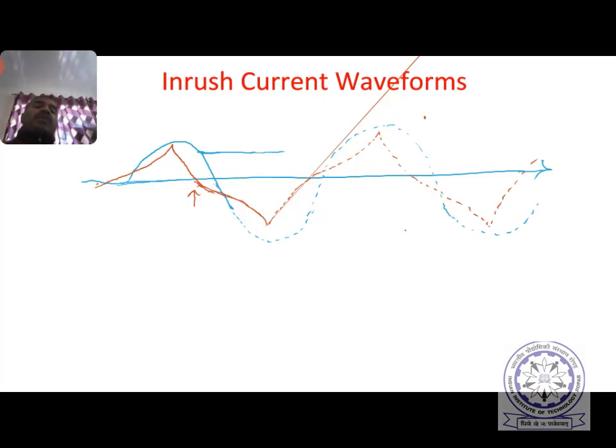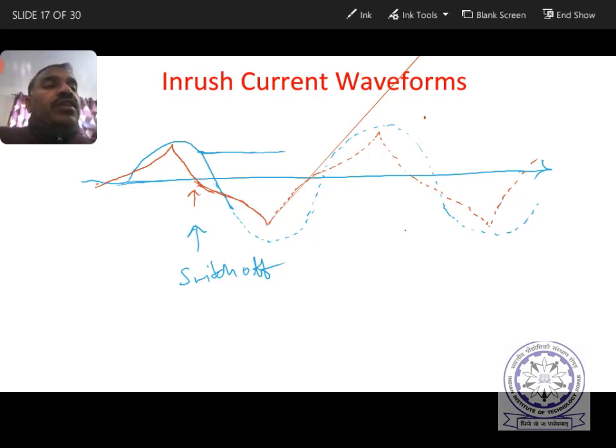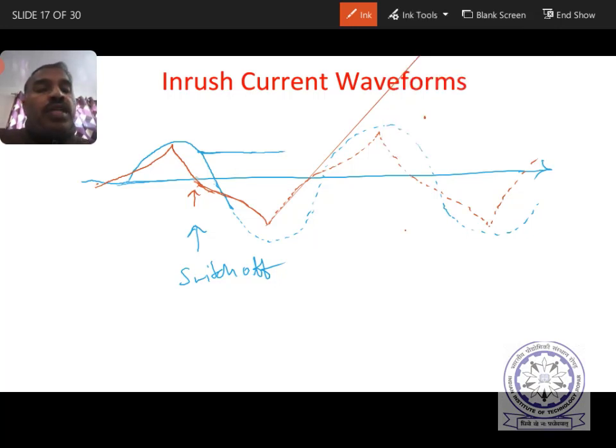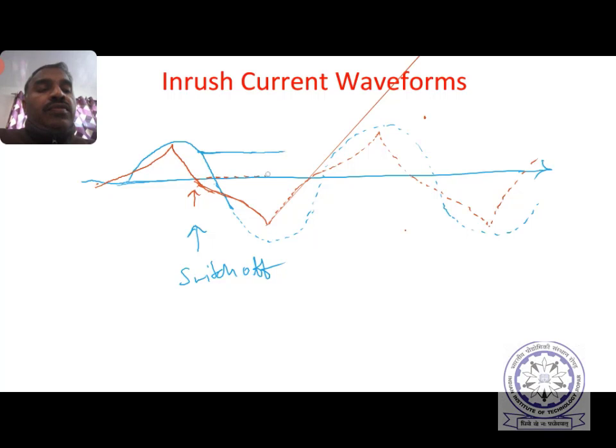Then what happens to the current if I switch it off at this instant? Current will be 0 because I have switched off at current 0, and it continues. There is no current, so the current waveform will continue like this. I will take red color now. Suppose when the flux is at negative max, this peak should coincide.